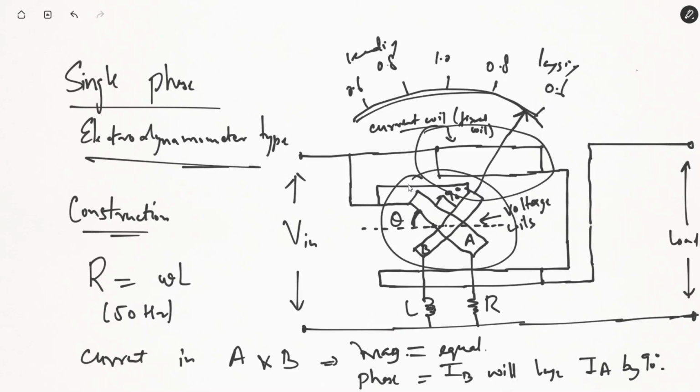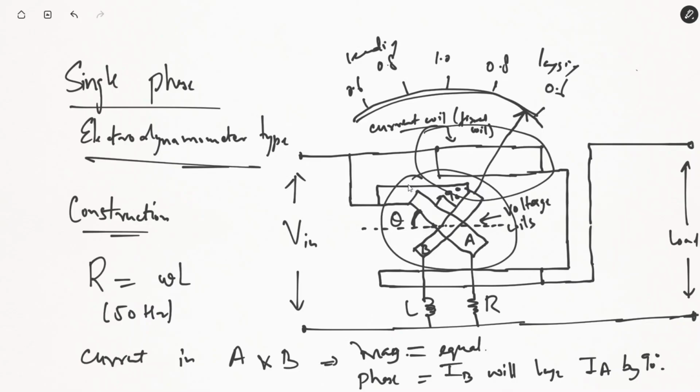They are rectangular bars here, as you can see, and using some arrangements, brushes etc., they are connected to fixed coils. So in the electrodynamometer type single phase, you have the current coil that's fixed, while the voltage coil is moving in nature. Now this moving voltage coil is further divided into two parallel paths.